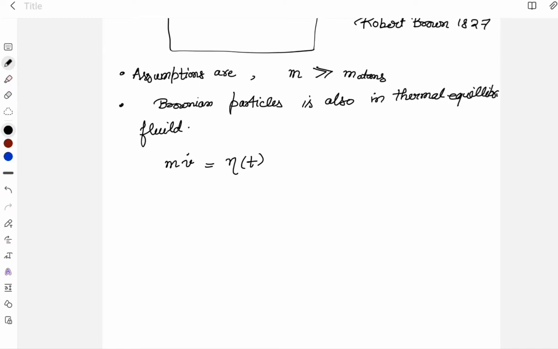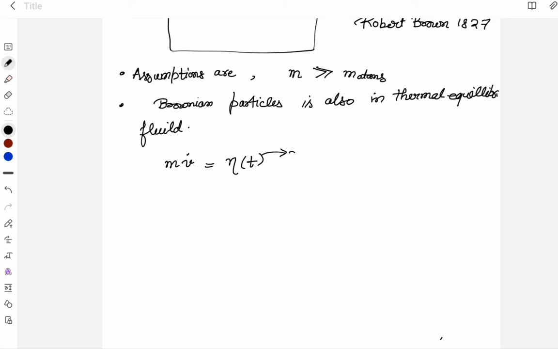It is not deterministic. Let's say the particle at time t has a random force eta t. At some other moment it is different and it is uncorrelated with the previous time's noise or random force.